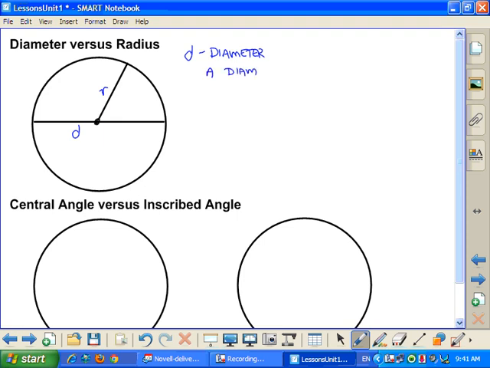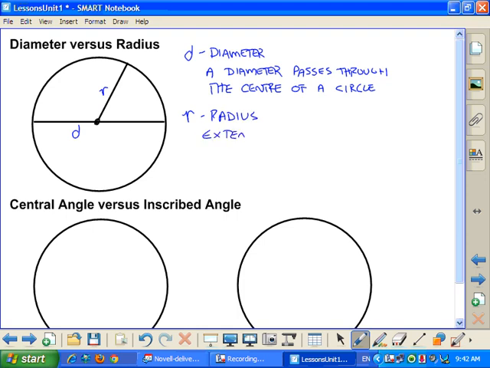A diameter passes through the center of a circle. Our radius r extends from the center of the circle to the edge.